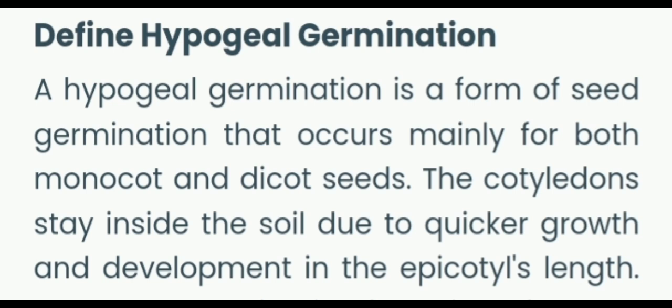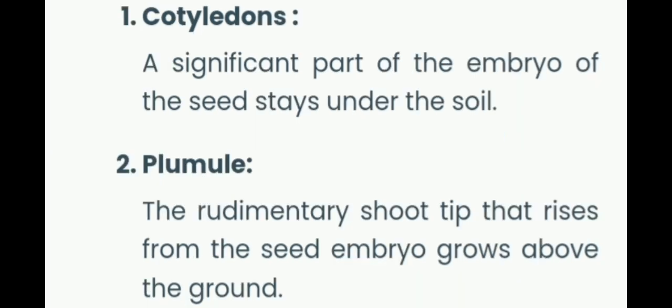Hypogeal germination is derived from an ancient Greek word which refers to below the ground, in case you are asked. I don't want to leave any stone untouched this time. So let's see the process in hypogeal germination. Number one, the cotyledon, which is a significant part of the embryo of the seed, will stay inside or under the soil. The plumule, which is the rudimentary shoot tip that arises from the seed embryo, will grow above the ground.